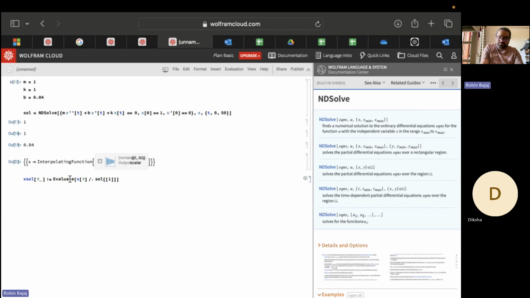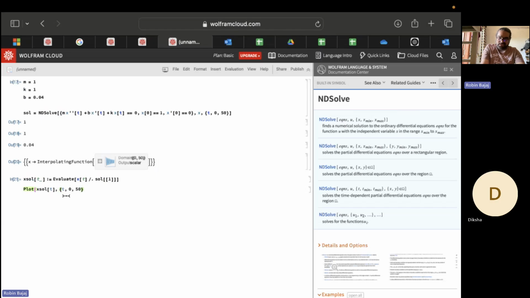Now I will just plot this. Plot whatever we have extracted from this association. Plot xsol of t, with plot range t from 0 to 50.